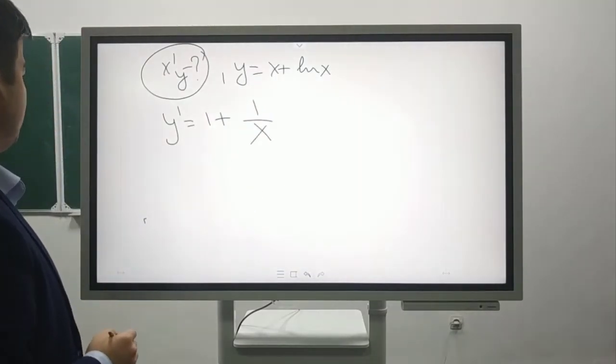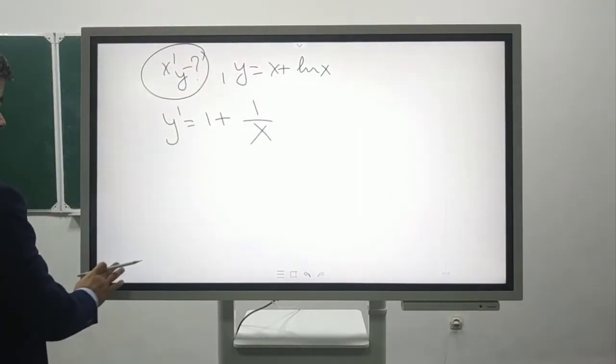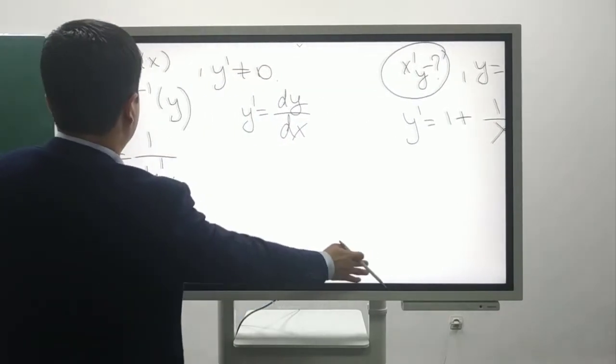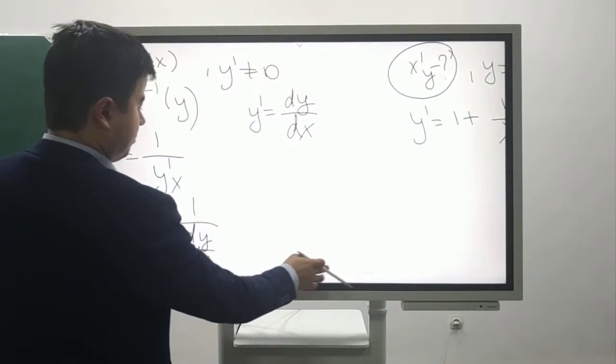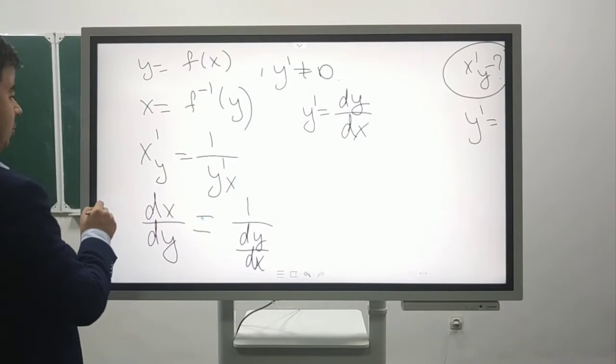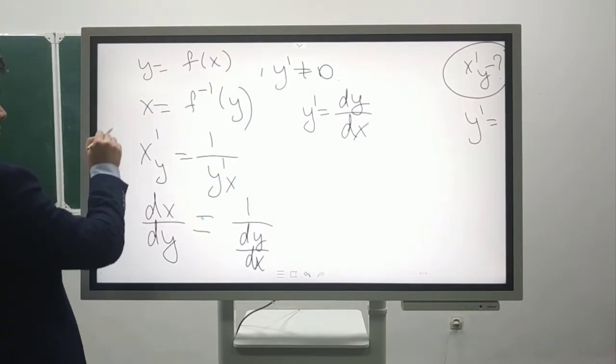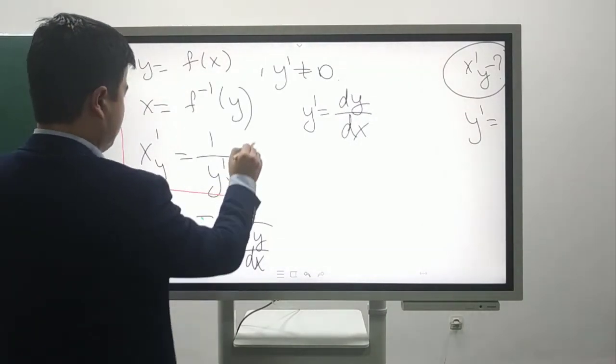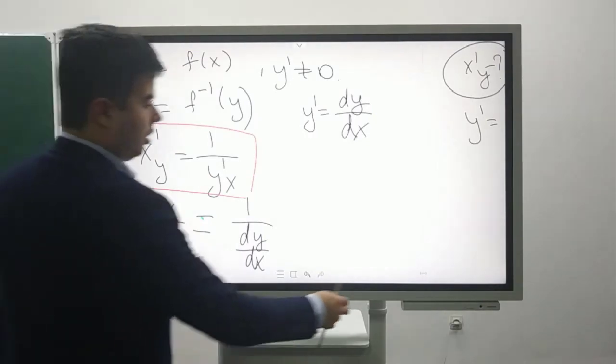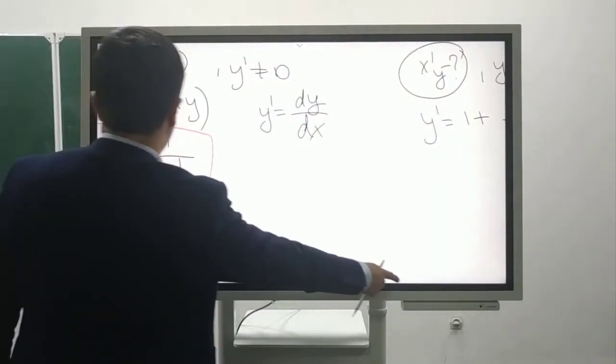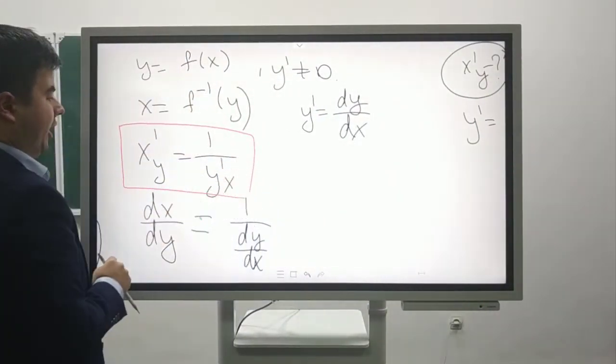Yes? So let's use now the formula for finding the derivative of inverse function. It is 1 over y prime of x.